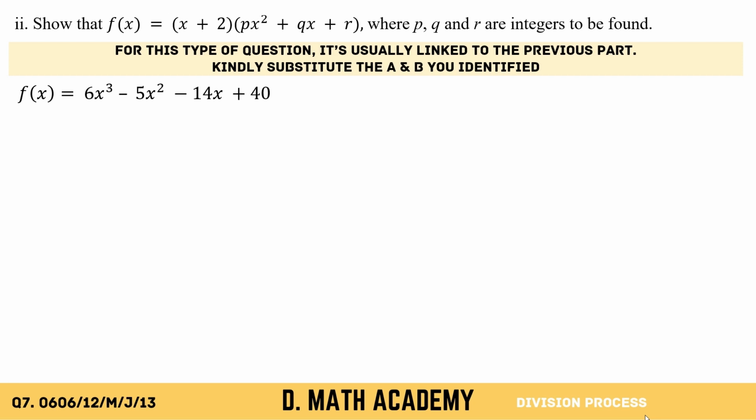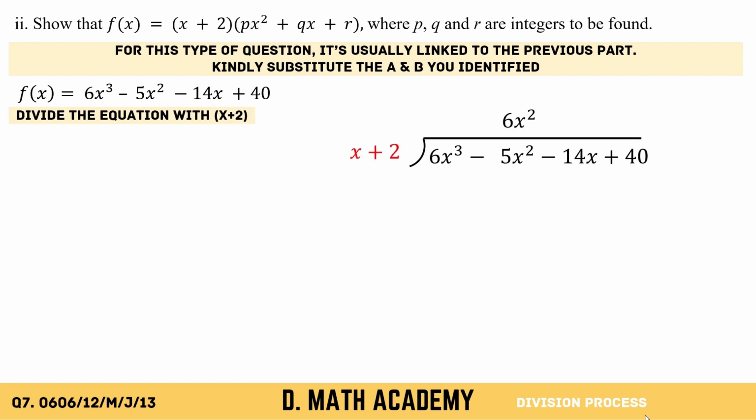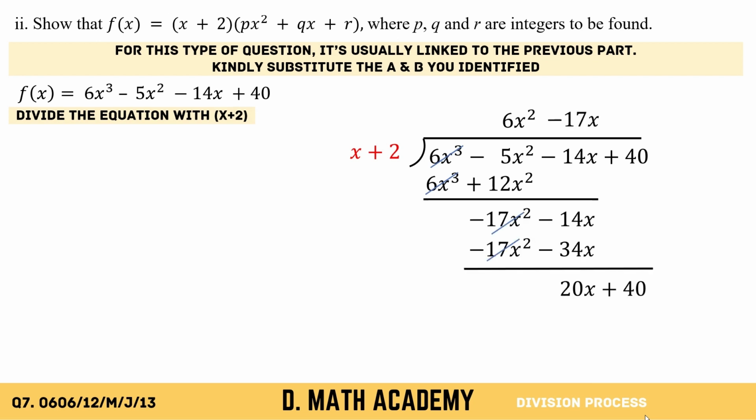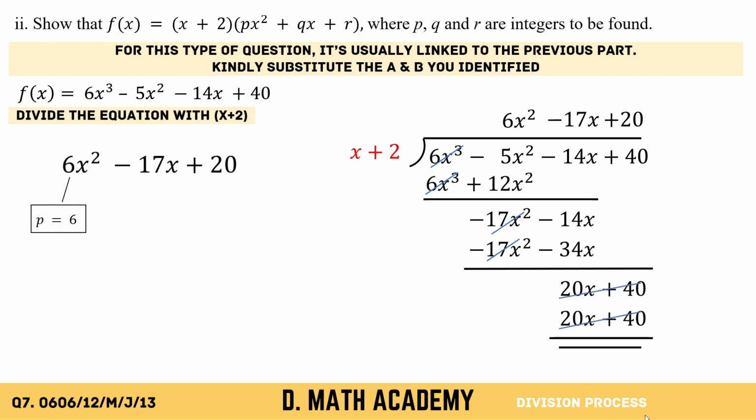You can see the x plus 2 factor being listed over there, and it has no remainder. So what you're trying to do now is to divide this by x plus 2. This will be the first division process example that I've shown you at the front. So repeat the same thing, then you will get 6x squared minus 17x plus 20.